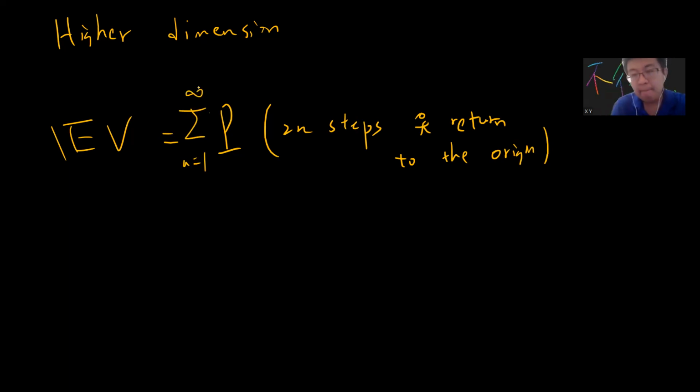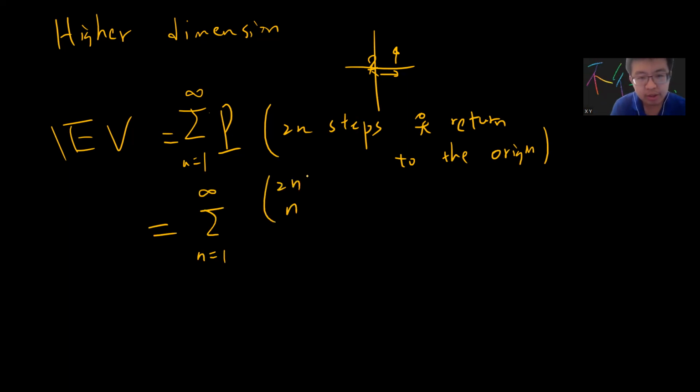But in higher dimensions, let's say in 2 dimensions, in each step it will randomly choose right or left or up or down. So the probability that it returns to the origin should be 2n choose n, to the power d, because it has d choices, and it gets 2 to the n to the d.